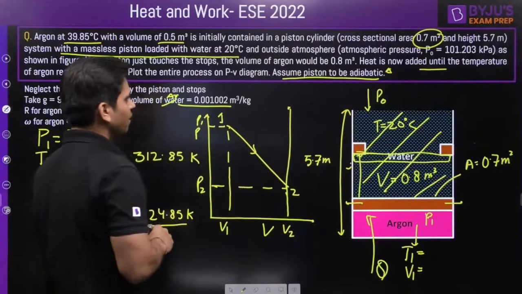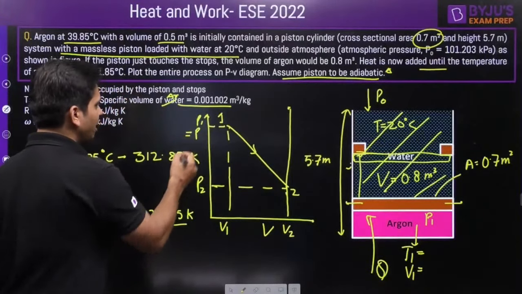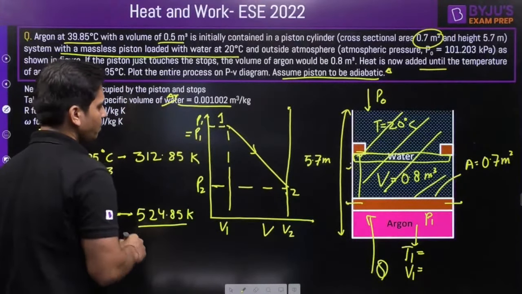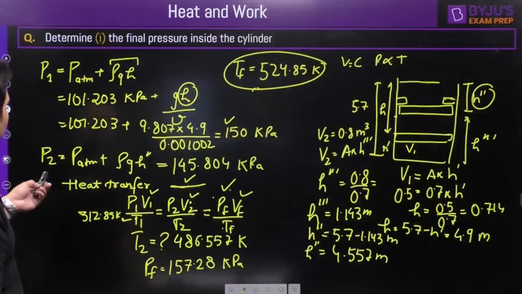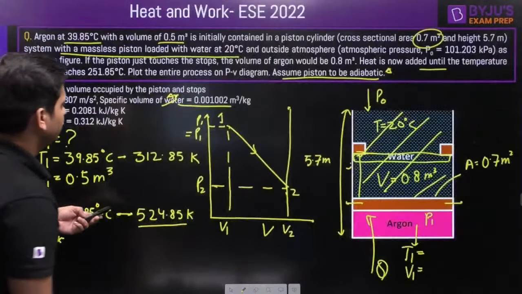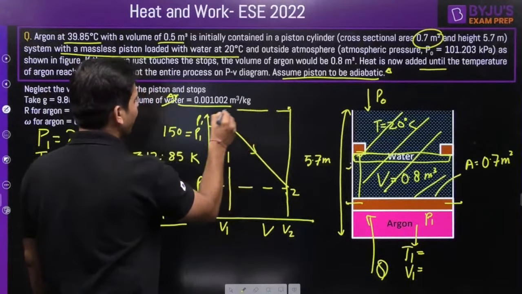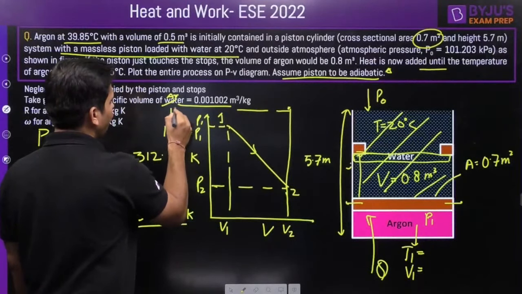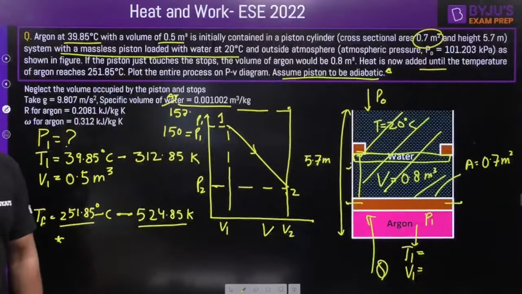P1 is equal to 150, and finally you have reached somewhere here, which is 157.